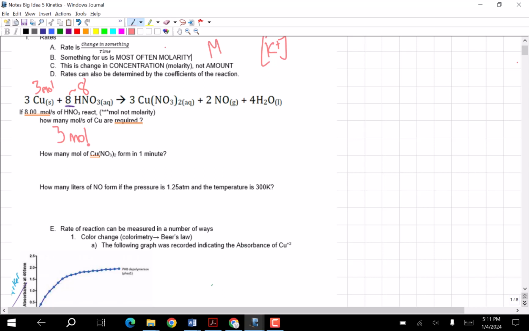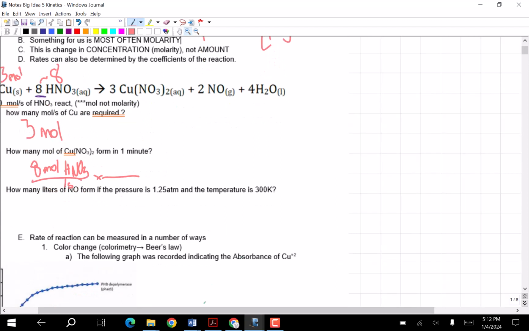How many moles of copper nitrate form in a minute?